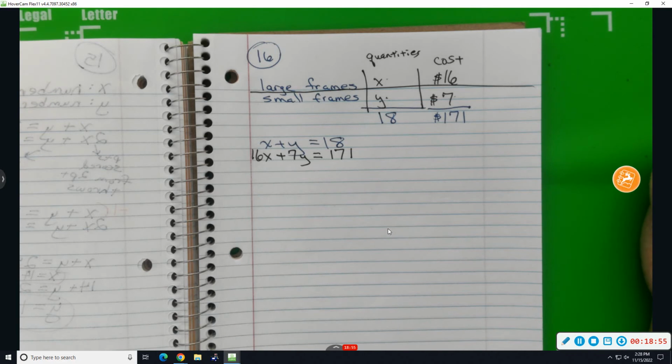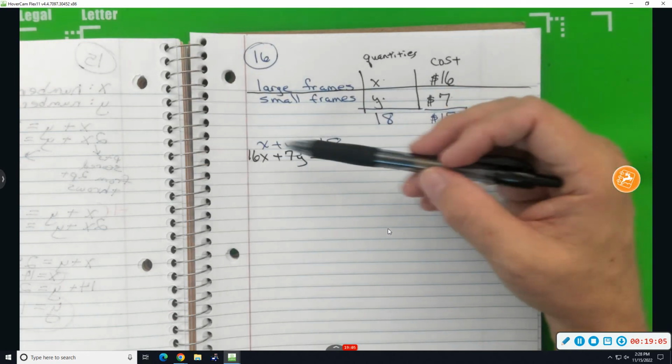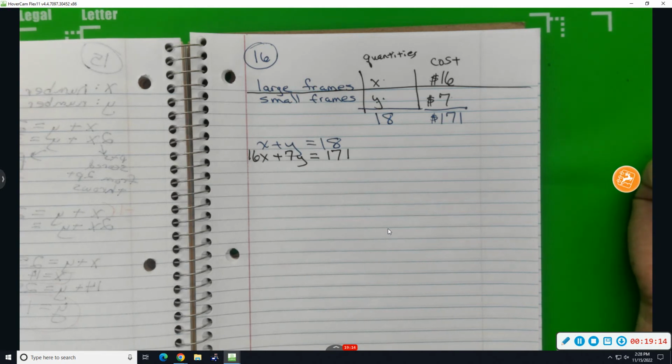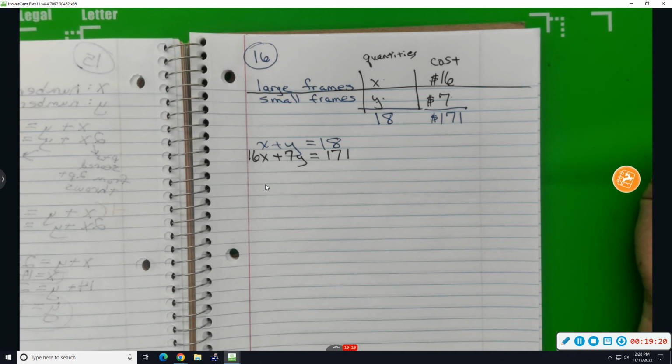Well, I think once again this is a good problem for elimination. Remember, I prefer elimination over substitution. I could solve for x or y here and use substitution, but I think I'd rather use elimination. Which variable do you think I'm going to eliminate? Which one am I going to try to get the same coefficient but opposite sign?